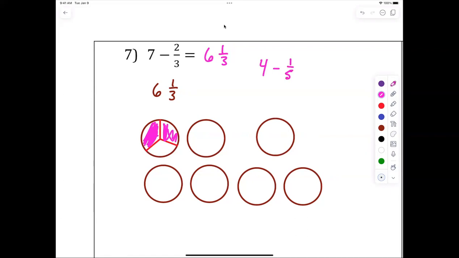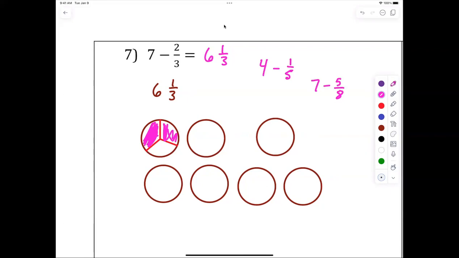Hampton? 3 and 4/5. Very good. Someone else. 7 minus 5/8. Yes, 6 and 3/8.